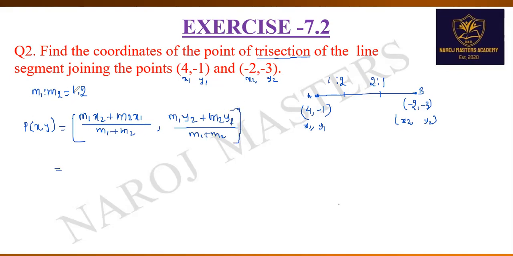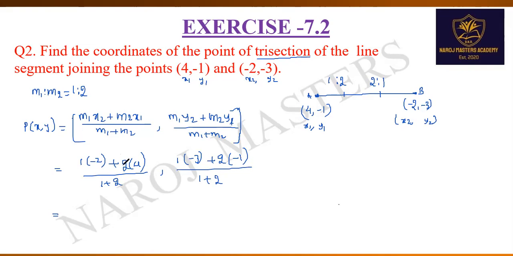So here m1 is 1 and m2 is 2. So 1 into x2 is minus 2 plus m2 is 2 into x1 is 4 by m1 plus m2, 1 plus 2, comma, 1 into y2 minus 3 plus 2 into y1 minus 1 by 1 plus 2.